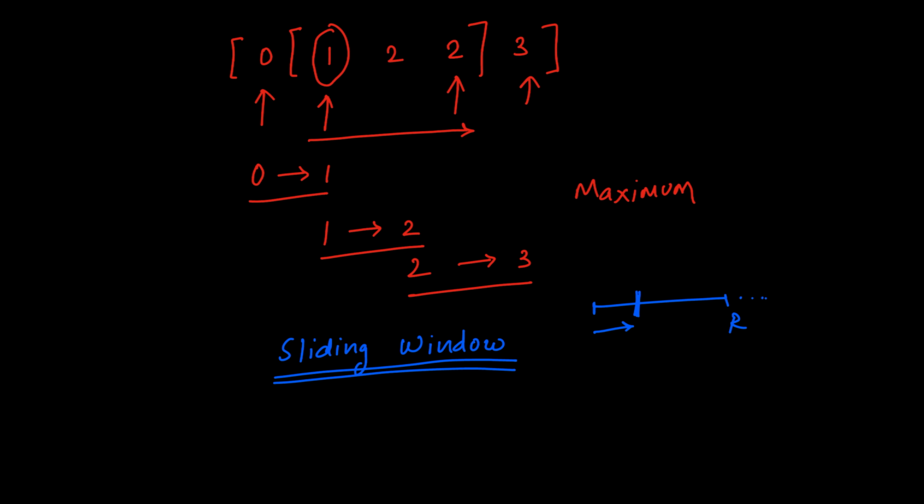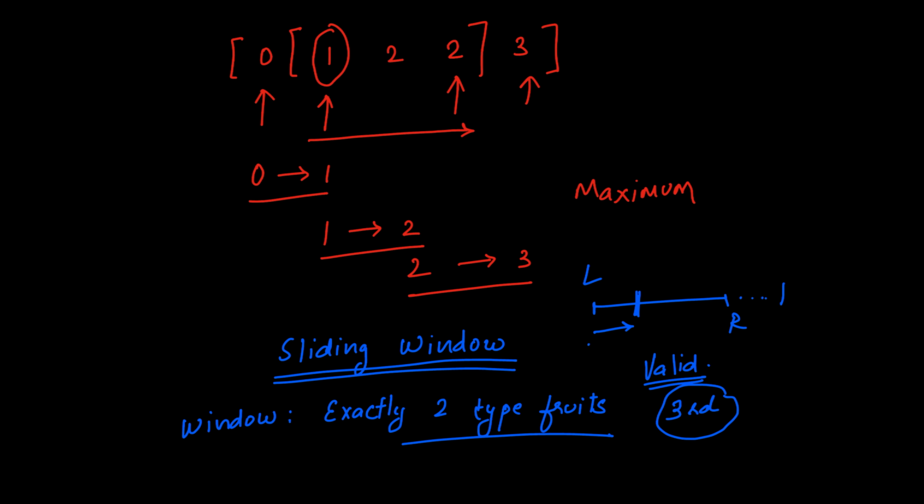If the basket condition is satisfied, we'll try to expand the window by incrementing the right pointer, or else shorten the window by incrementing the left pointer to make sure that the condition is met. As discussed, the criteria here for the window is to make sure we have at most two types of fruits in the basket. When we try to expand the window and we encounter a third type, we should remove the fruit that the left pointer is pointing at and increment it by 1.